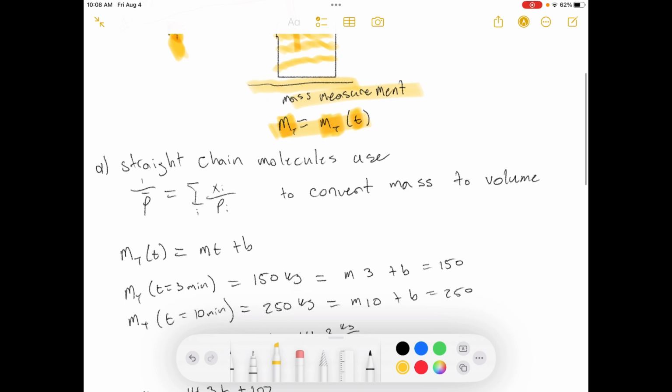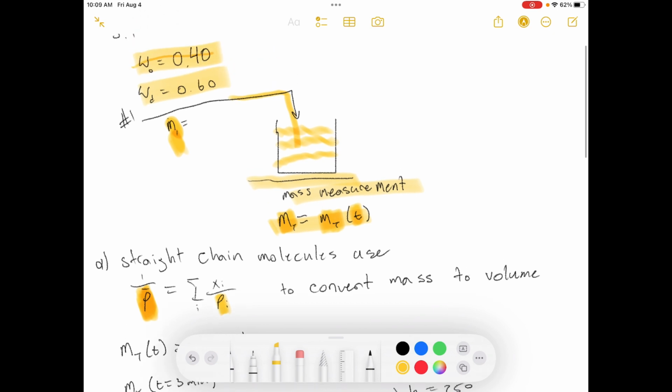One method for estimating the density of a mixture is to take the inverse of the density. This is the density of the mixture, and these are the densities of the components. If you do the inverse of those, then you're averaging the molar volumes, which is a pretty good estimation for what ideal mixtures follow.